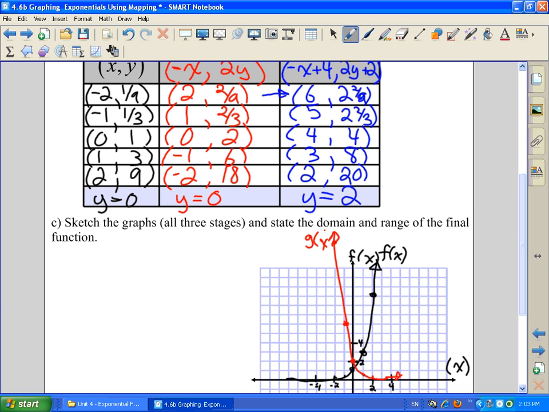Let's just take a look at some important points or the key points here. Okay, so when we have f at x, and we have x equals 1, we have y equals 3. Basically, that tells us we've got a triple factor, or a factor of 3.